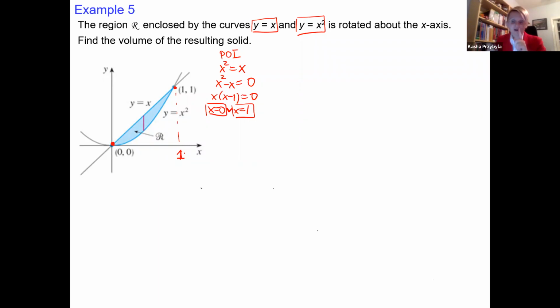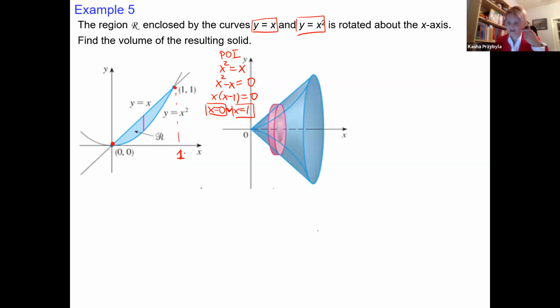Now we're taking this region and rotating it about the x-axis, and we're getting something like this. I can keep all my points of intersection. Now we can see we have a similar shape to example 1, but we have a hole inside because this part was nothing.